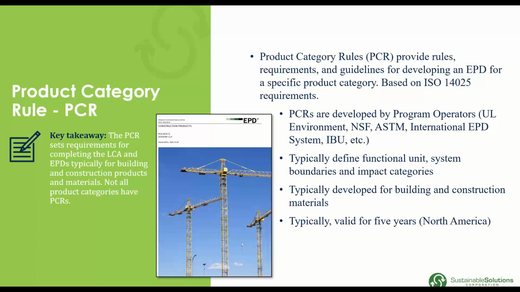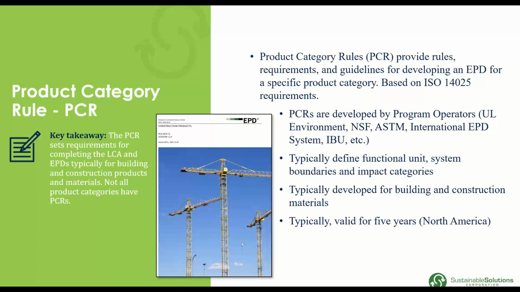So if I want to look at PVC pipe, but I also want to look at ductile iron pipe, or I want to look at HDPE pipe, if those organizations also did LCAs, they would follow the same product category rules. So we're all looking at the same functional unit, same system boundaries, same impact categories, et cetera, to make a fair analysis.